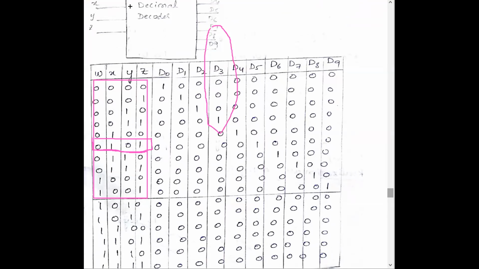Let us verify a condition. For 0000, only the D0 line will be active, and the remaining lines are 0. Similarly, if you check 0011, only the D3 line will be active, and the remaining lines are 0. If you check 0111, only the D7 line will be active, and the remaining lines are 0. And for 1001, only the D9 line will be active.